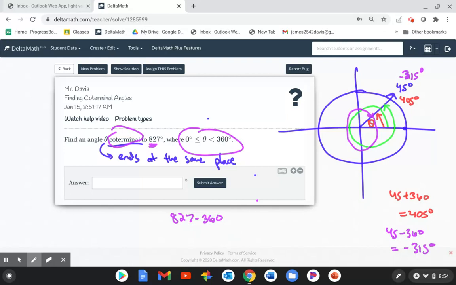So we just do 827 minus 360. We get 467. Doesn't quite work yet because it's not between 0 and 360. So we just minus 360 again, and we get 107. So that's what we're going to type in. That's a coterminal angle that is between 0 and 360.